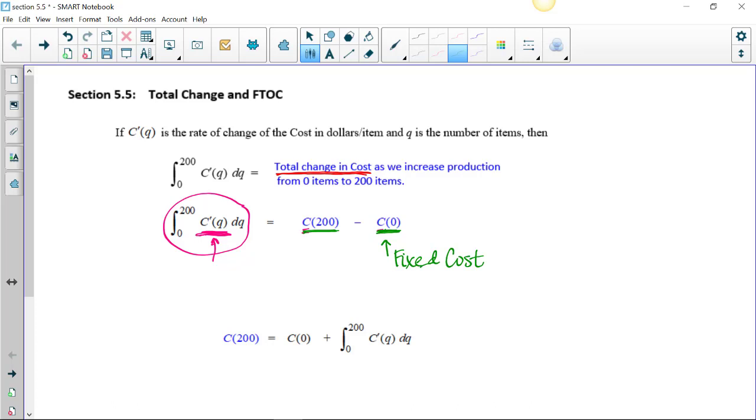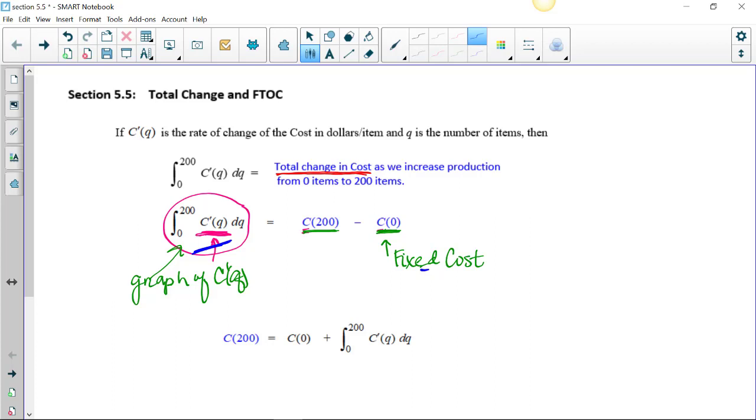And we know that if we have the marginal cost graph, then we can evaluate this definite integral. So what we're looking at here is if I can find this area calculated by this definite integral and someone gives me the fixed cost, then I could find the cost to produce 200 items.